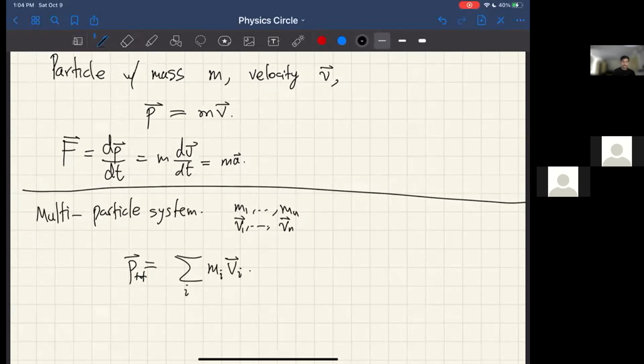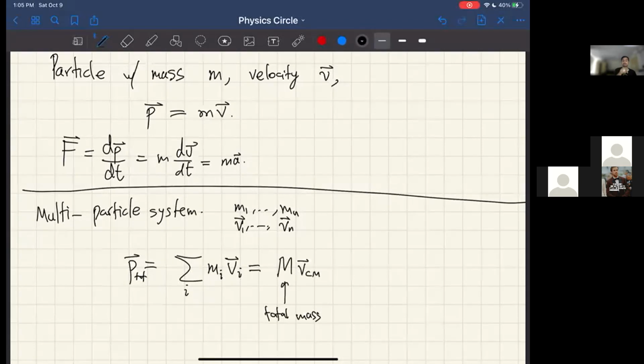Now, the interesting thing about this definition is that it interacts well with the center of mass, which is a common idea in many collision problems and many momentum problems in general. So you can actually write this as m V_CM, where m is the total mass of the system, and V_CM is simply the velocity of the center of mass.